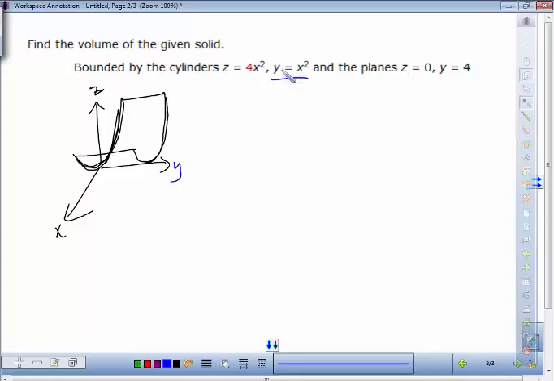This is a parabola opening up along the y-axis. Like that, maybe. It's being swept up. Kind of hard to visualize already.